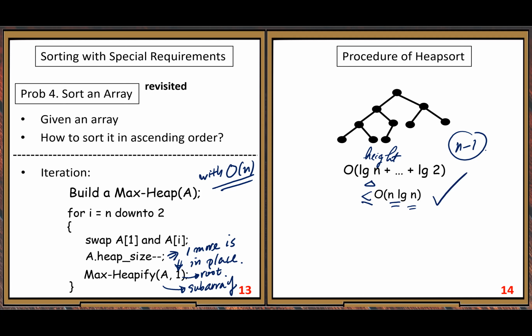That is the acceptable efficiency for a sort, right? So heap sort has efficiency n log n. That's good enough for us. So we complete the heap sort topic.